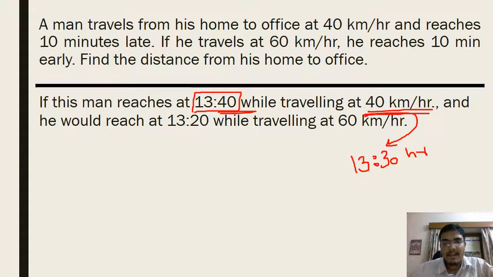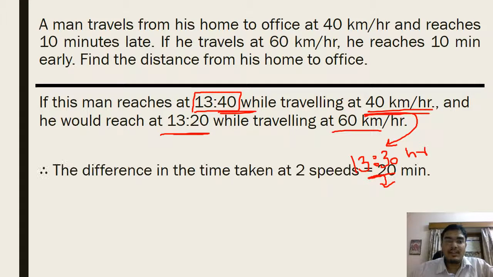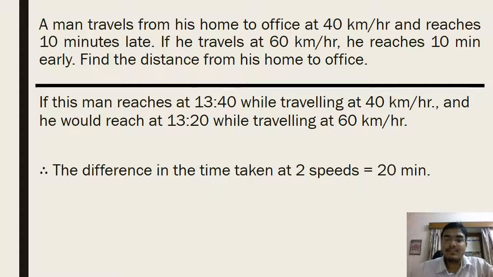And he would reach at 1320 when he is traveling at 60 kilometers an hour. So he reaches 10 minutes early. Now, what is the difference in the time taken at two different speeds? The difference in time taken is 20 minutes. That is, when he has increased his speed from 40 to 60, time is reduced by 20 minutes, right?